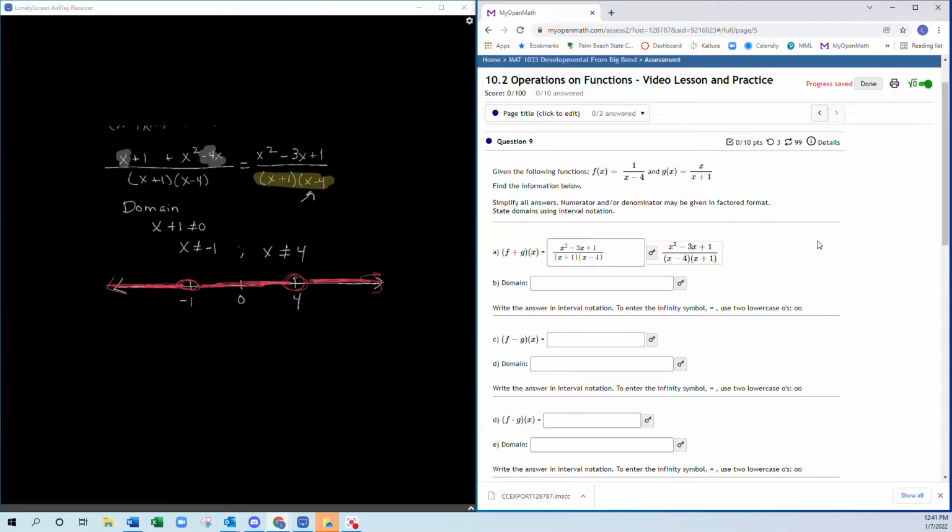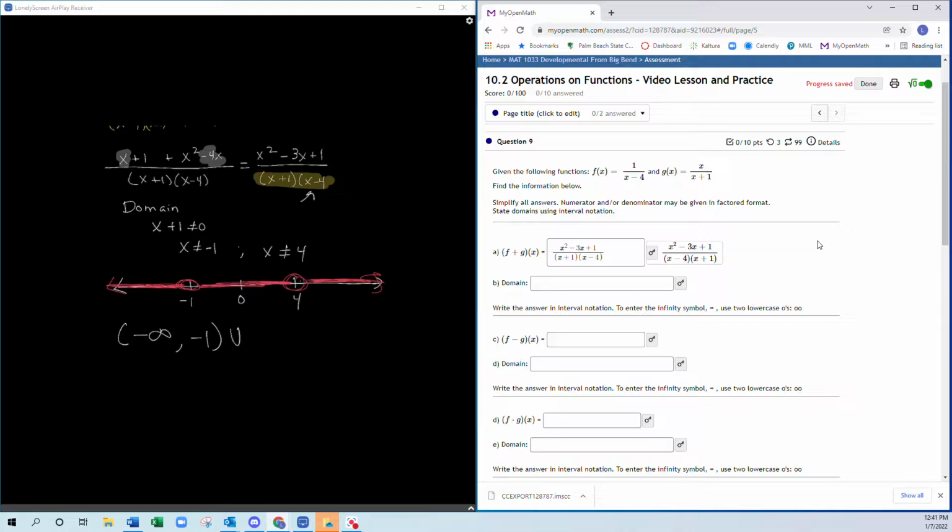Well, if you look at this, I have 3 different regions I have to type in. I have this region here, the middle region, and the region on the right. So the way I go through and write that in interval notation, again, always start from the left-hand side. You're going from negative infinity to negative 1. Negative 1 is not included, so you need a parenthesis.